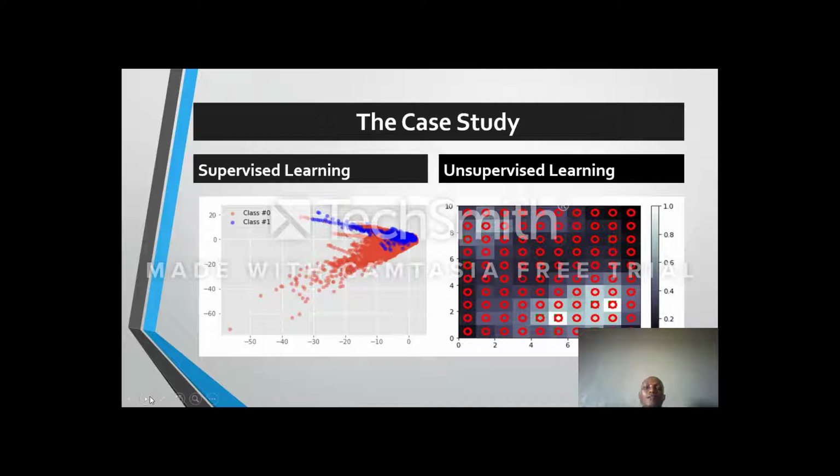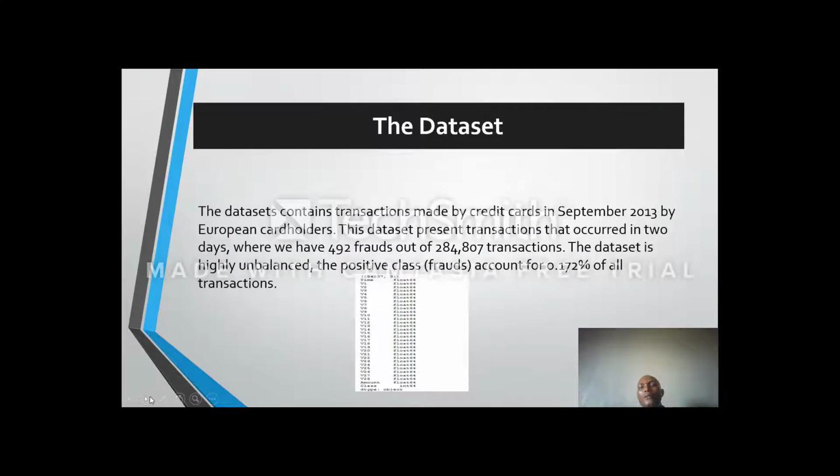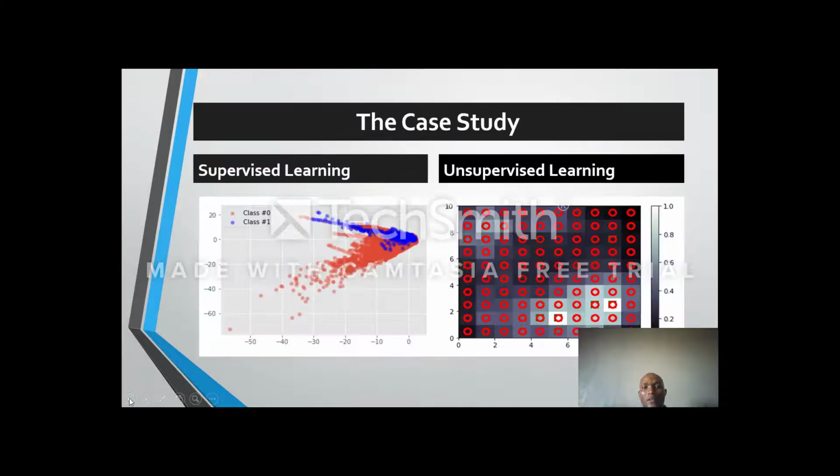As the case study indicates, we have chosen to address this issue using both a supervised learning algorithm and an unsupervised learning algorithm.